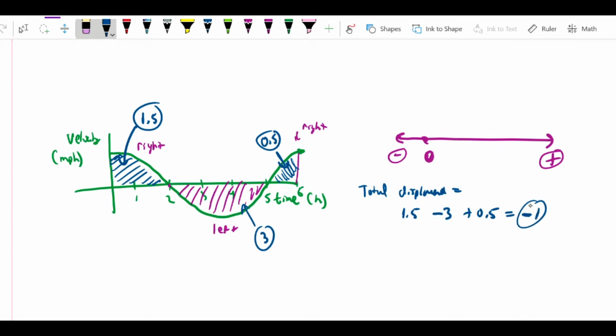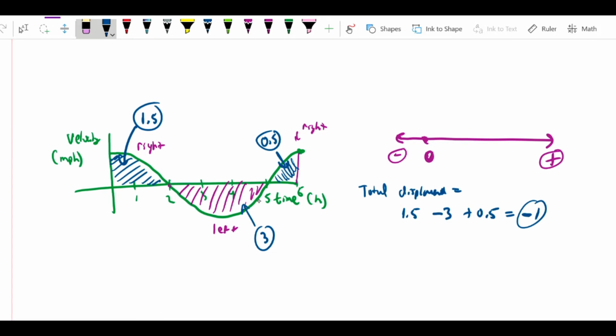So even though I could add up all these areas, we spend so much time moving to the left that we come out to a negative displacement. Because we have to treat the negative parts of the velocity curve as retreating, in other words moving to the left, we subtract them when we calculate the total displacement.